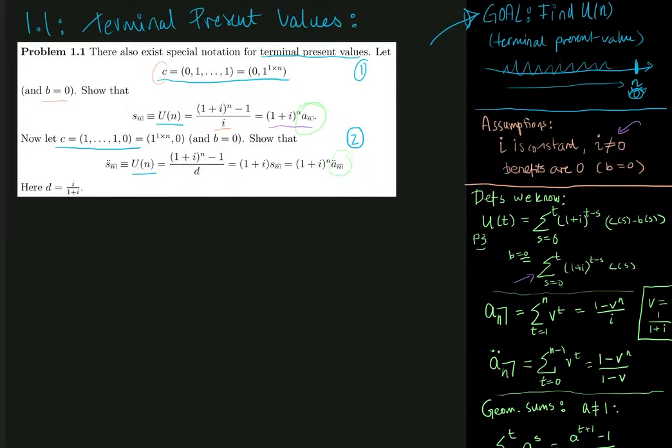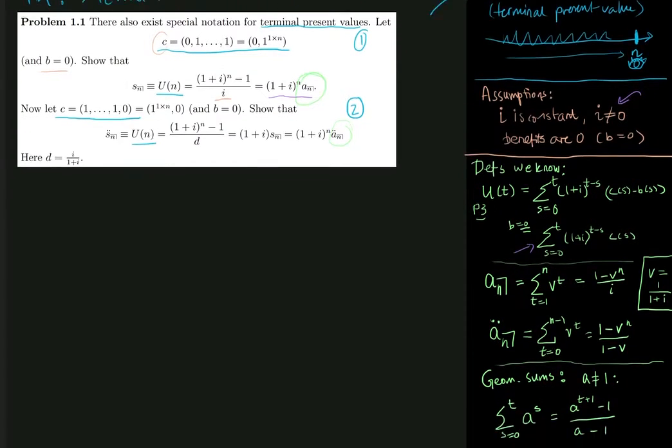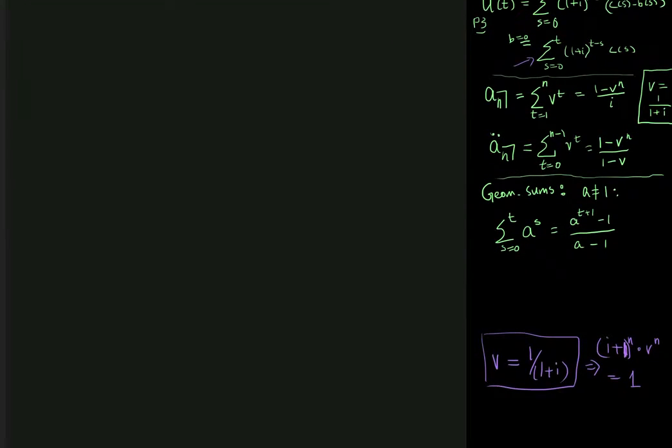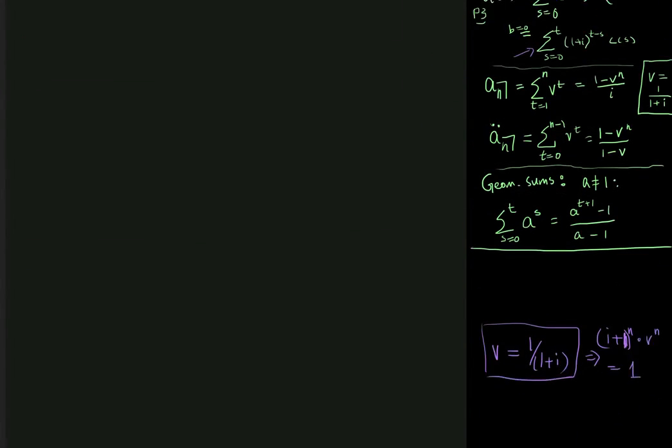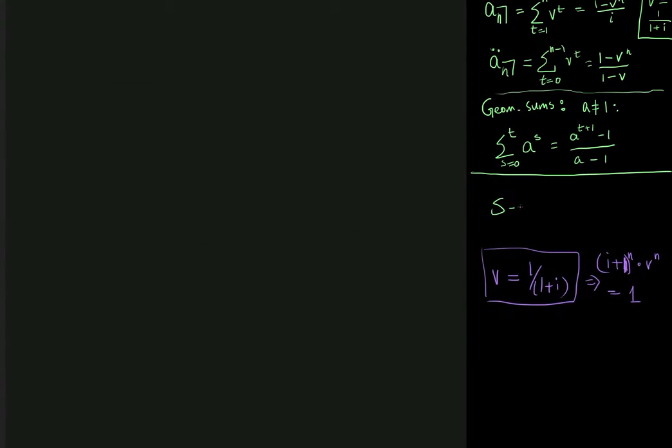Okay, now let's move on to case 2. I would like to just remind you guys that in case 1, we established that Sn, the terminal present value in the case of an annuity in arrear, has the following sum expression.